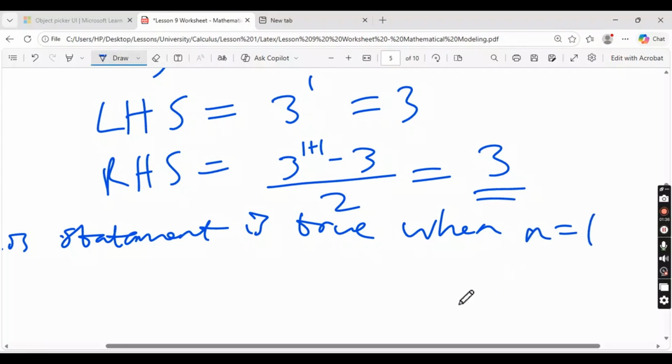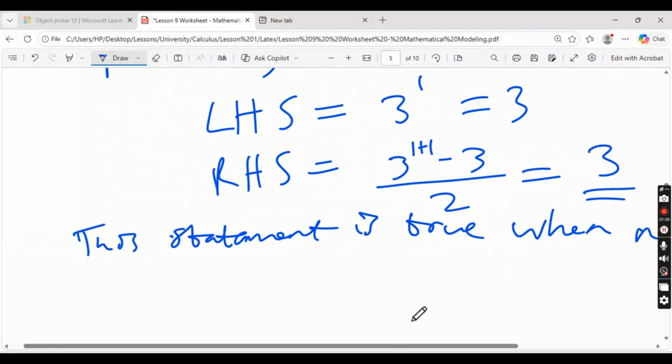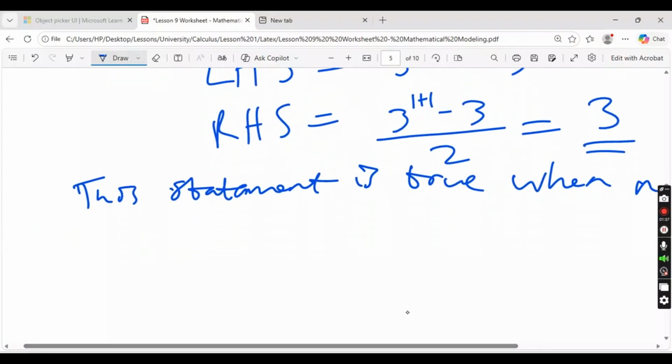Okay. Next, we prove for n is equal to k.